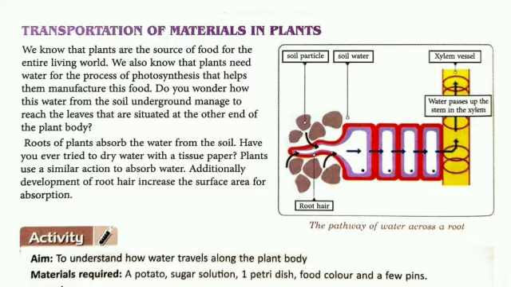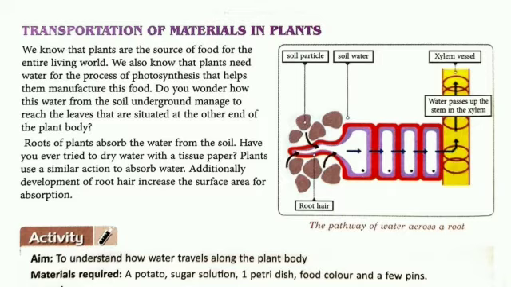Here is the picture: the pathway of water across a root. The root is situated under the soil. Soil particles, soil water, the root absorbs water and gives it to the next cell. The next cell gives to the next cell, and that next cell gives to the next cell until they reach up to the xylem.